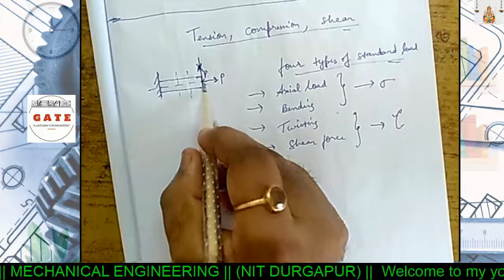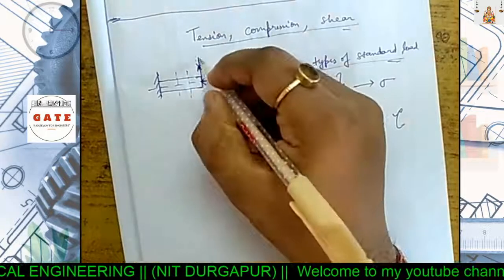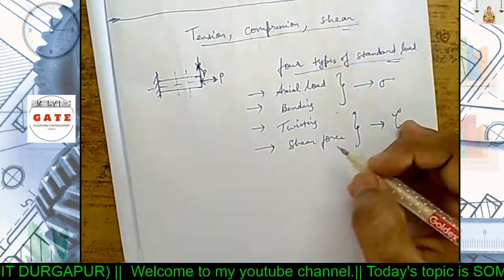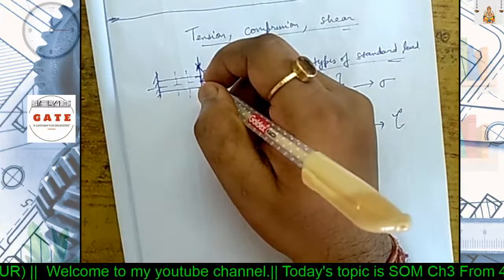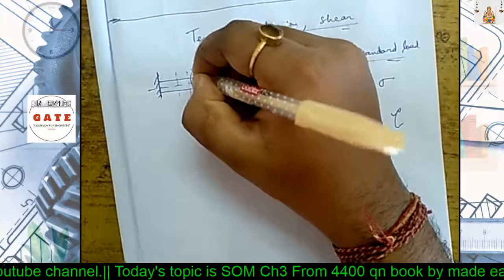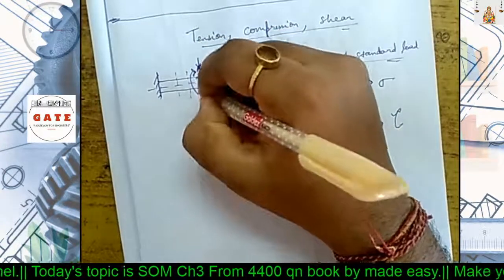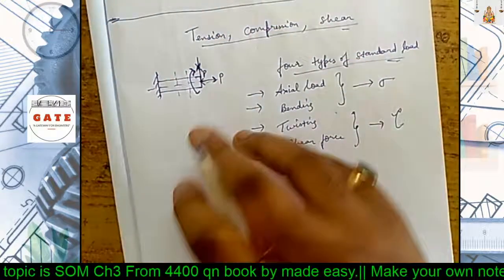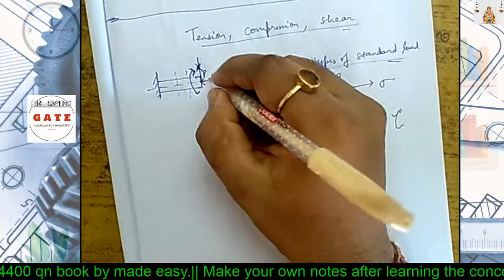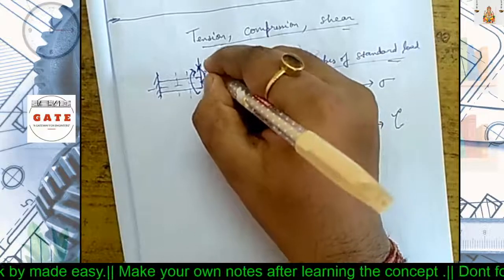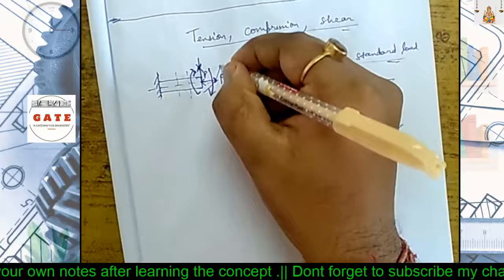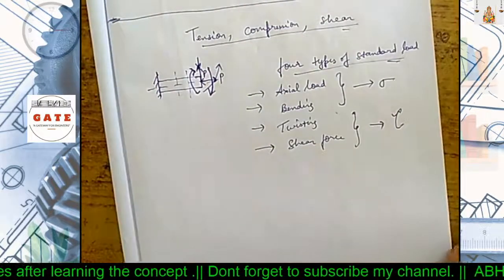You have seen this P is axial, this is shear. Now, when twisting occurs, if we rotate the bar in this direction, then twisting will occur. And if we bend in this direction like this, bending will occur, or in this way.